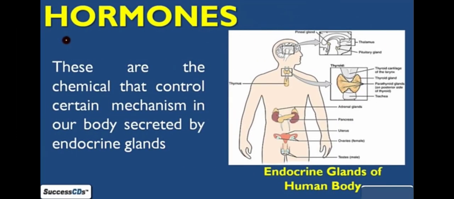Now let's study about hormones. Hormones, as we know, are secreted by endocrine glands. These are the chemicals that control certain mechanisms in our body.